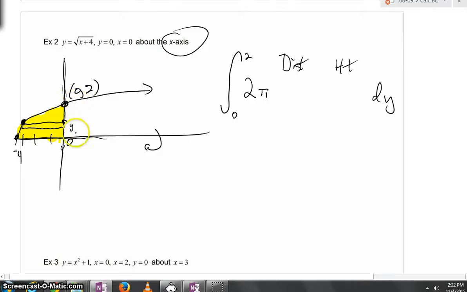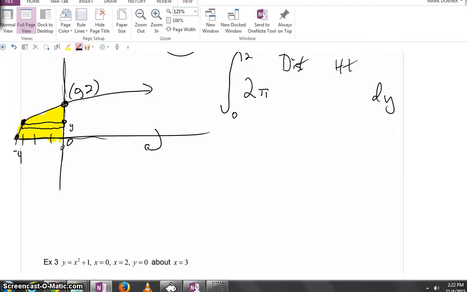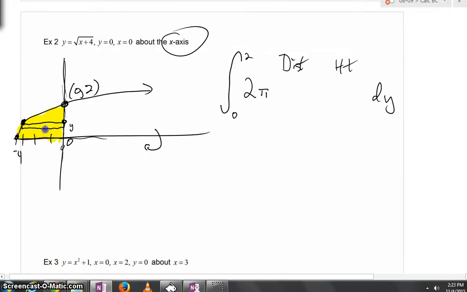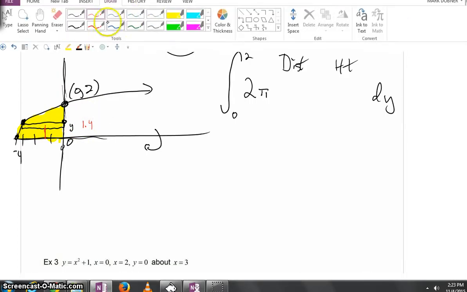Now, as I've said, really every rectangle is going to be drawn in here from y equals 0 to y equals 2. There would be, in theory, a rectangle drawn in when y is equal to 0.7 or 1.4. And I'm just drawing an arbitrary rectangle right now. Now, what you can do is envision that there was a rectangle drawn in at 1.4, just to give you an arbitrary number here.